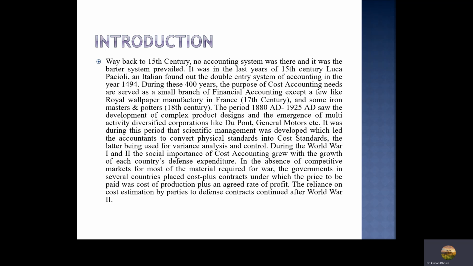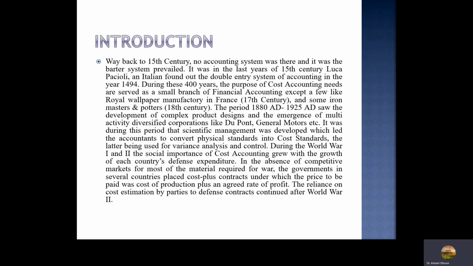The period of 1880 AD to 1925 AD saw the development of complex product designs and the emergence of multi-activity diversified corporations like DuPont, General Motors, etc. This period denotes the industrial revolution. The industry structure became more and more complex. What does that mean?